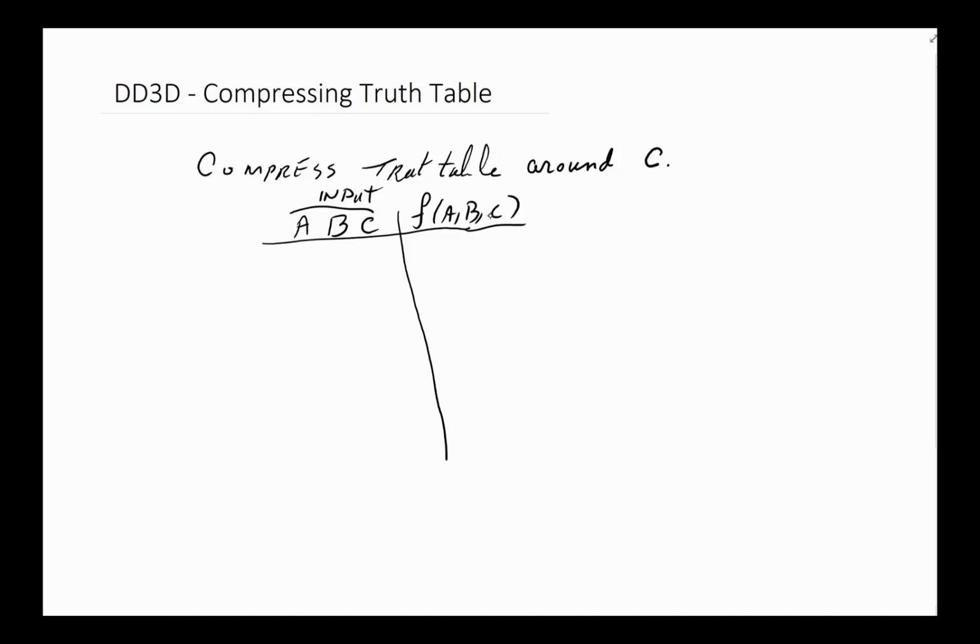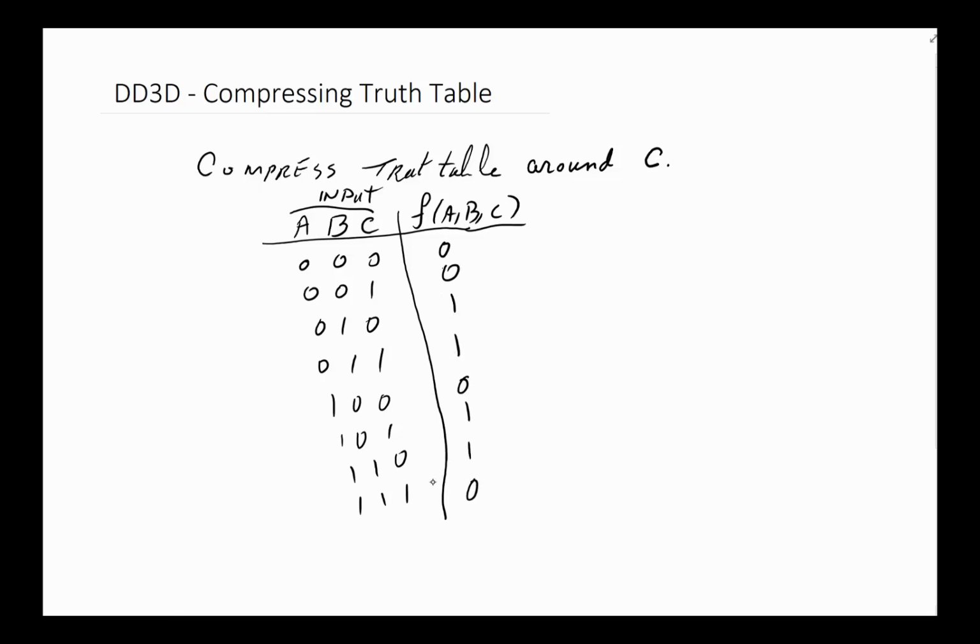Let's say someone gave us a table like this, and let's go ahead and fill it in so we have a good starting place, and asked us to compress it. So let's fill it in with what we normally do. And 1, 1, 1. Great. And let's say in this one we have 0, 0, 1, 1, 0, 1, 1, 0. Let's say that's the function given to us. We don't know what this function is.